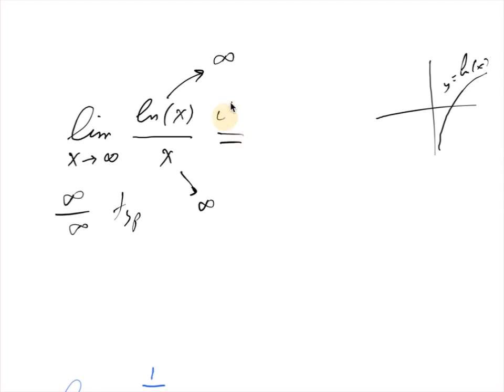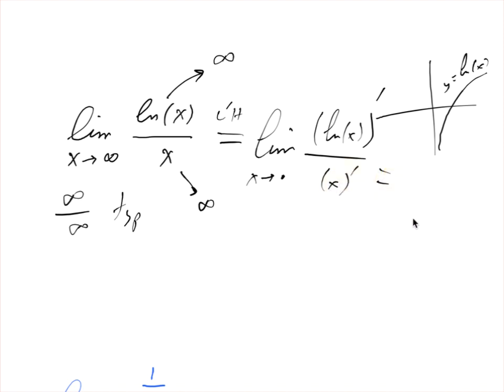Therefore, L'Hopital's rule applies. So this is the same as the limit of the derivative of the numerator over the derivative of the denominator, which is the limit of, in the numerator, the derivative of ln of x, which is 1 over x. In the denominator, the derivative of x is 1, and x tends to, it's supposed to be infinity because I've been writing 0 too many times.